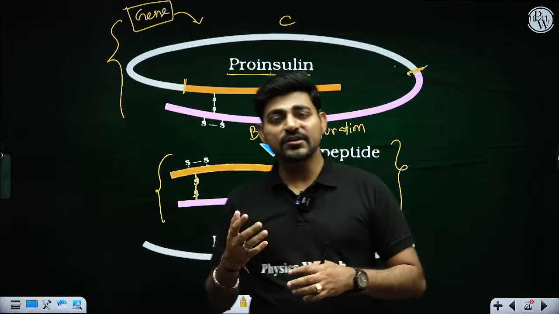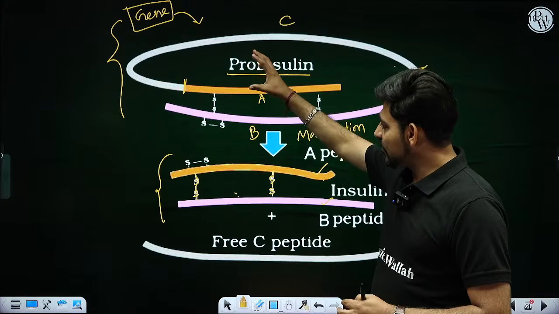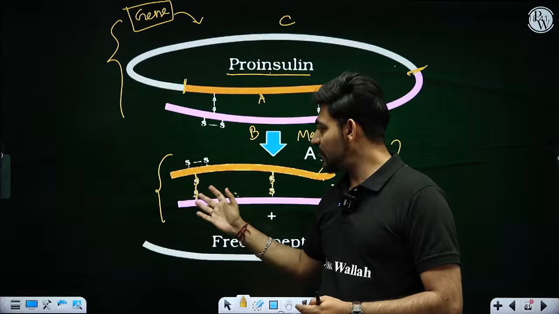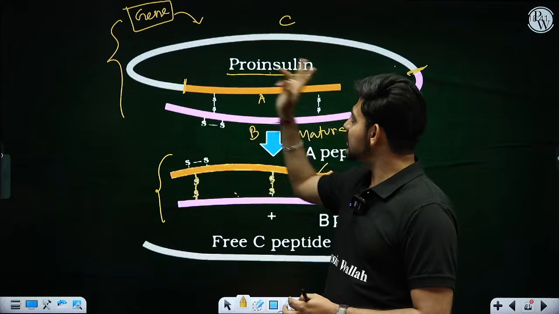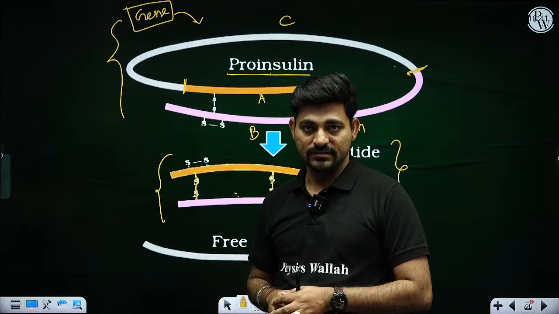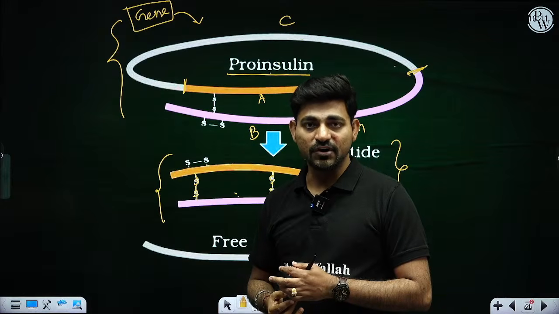And it is not possible for us to modify a proinsulin molecule into the active or functional form of insulin by cleaving the C peptide. In the laboratory, that is not possible for us, right? Or that is a very hideous job, very tough job.